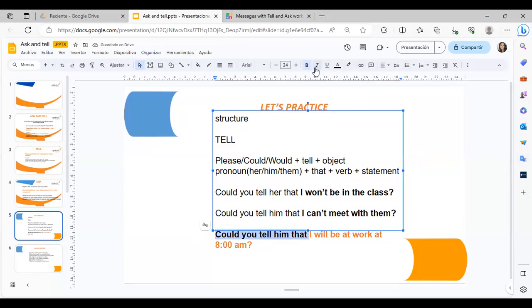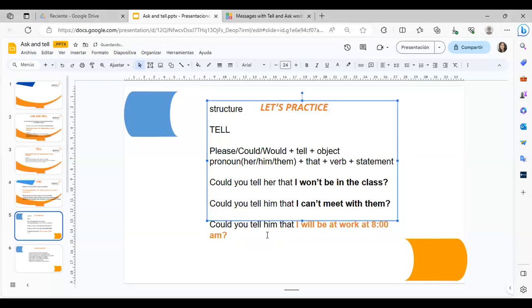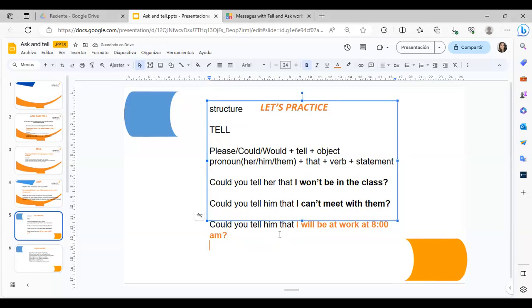Guys, those kinds of questions are for someone else, not for the person that we are talking with. It's for a third person. It's something that you're going to do, but you cannot tell the person directly, right?